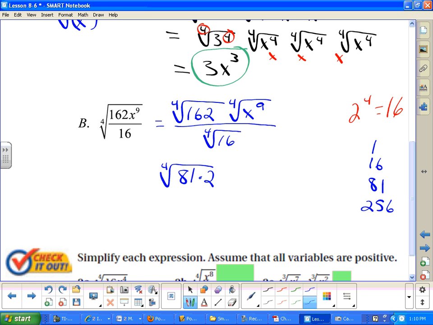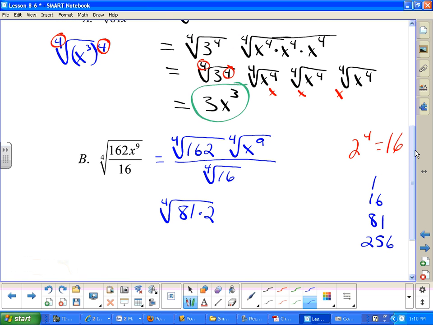Now, the reason that I broke things up into powers of 4 is because now I have x to the 9th power. Does 4 go into 9? No, it doesn't. So I'll start writing the number that I can, x to the fourth power. So we have x to the fourth power, that gives me 4.